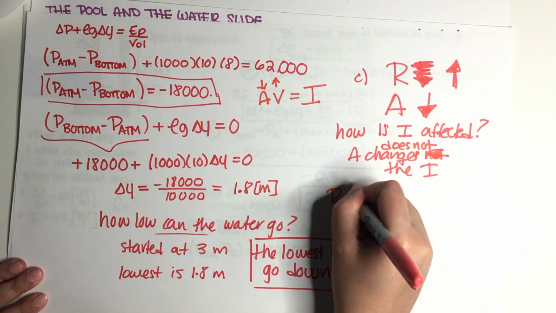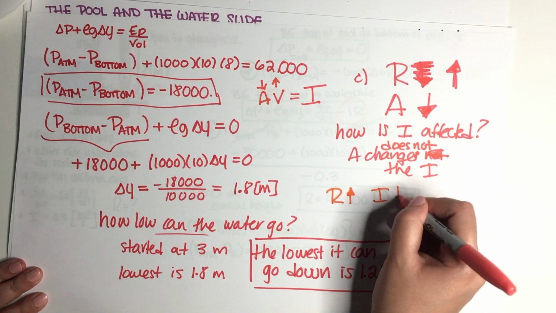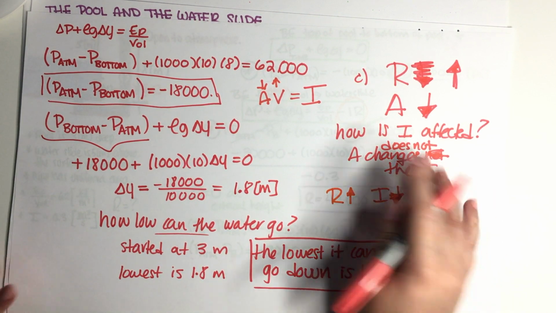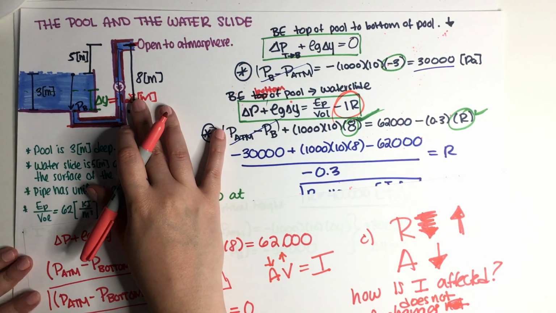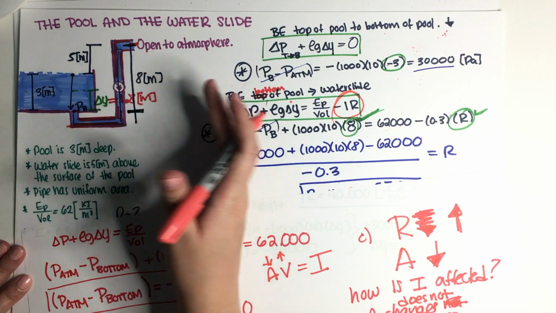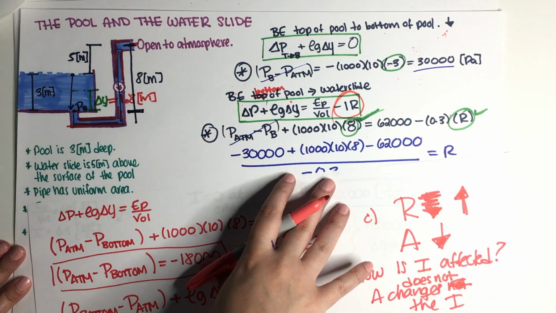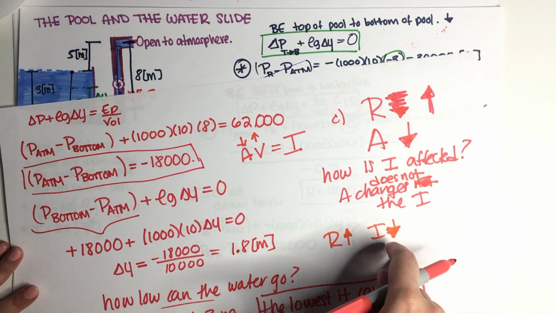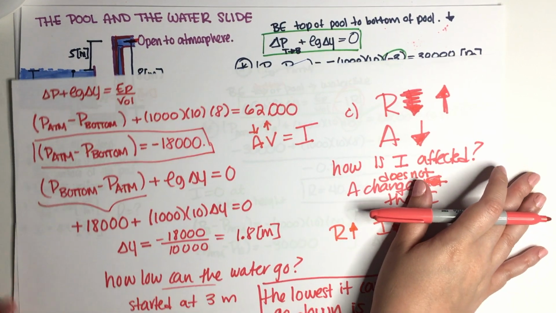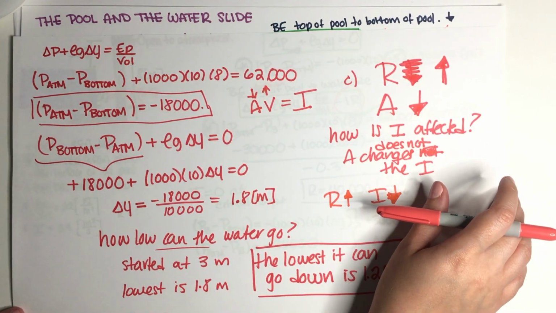But increasing R basically means that the current is going to go down, meaning that as this thing gets clogged and rusty, it's going to be harder for water to flow through it. So the flow itself is going to decrease due to the resistance. So that would be our final answer.